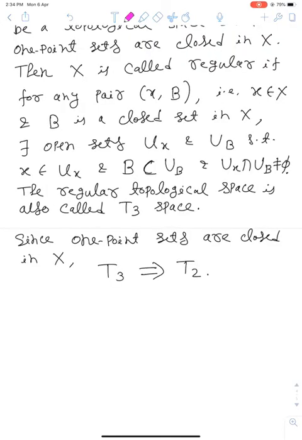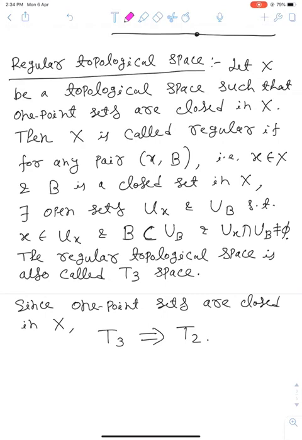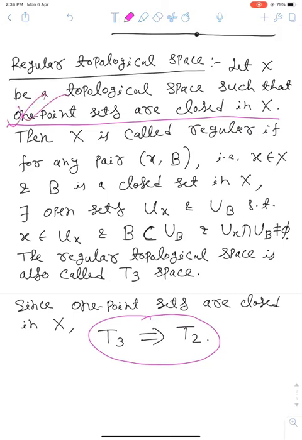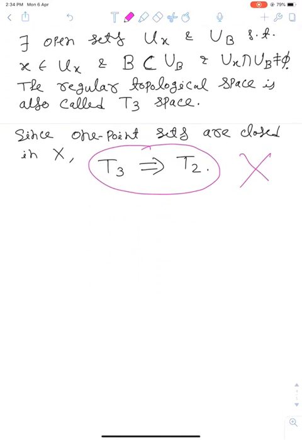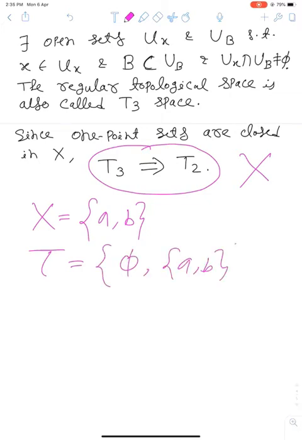Now the question is, if we remove this condition from the definition of the regular topological space, then can we say that T3 implies T2? The answer is no. If we remove this condition, then we cannot say this. Why? Because you can choose the topological space X equal to only a 2 point set {A, B}, and you can choose tau equal to the indiscrete topology, that is the empty set and {A, B}, right?